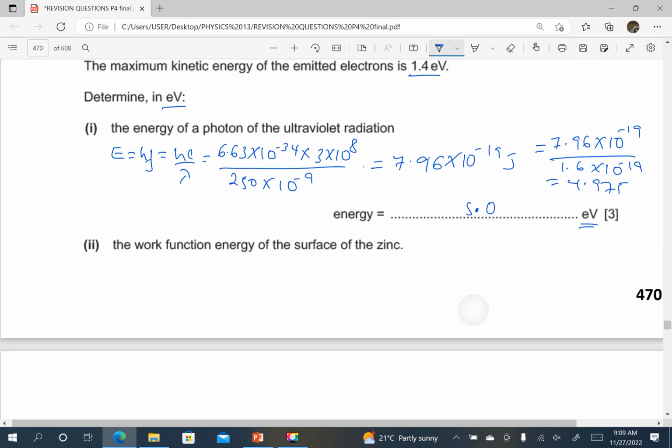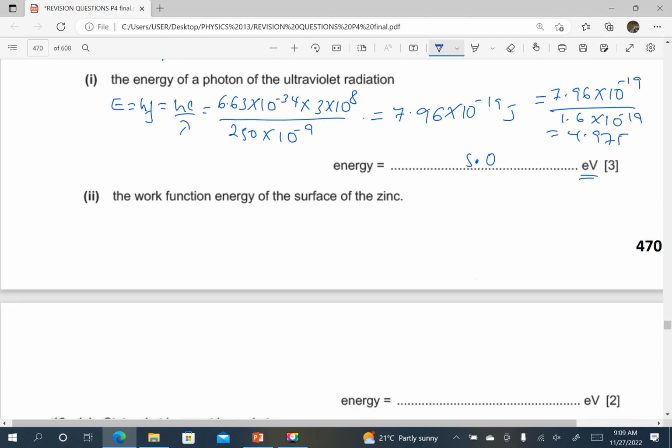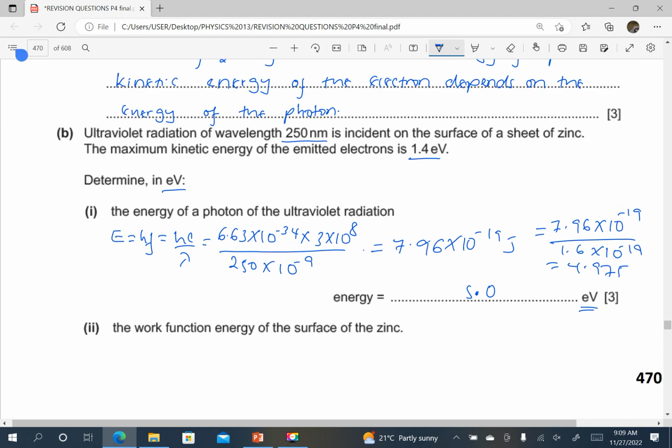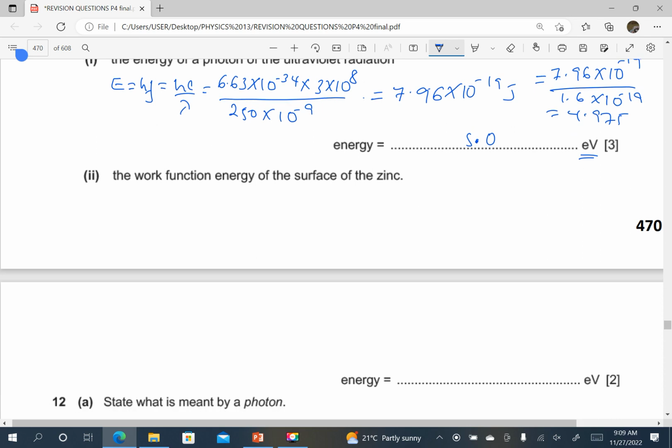Part 2, determine in electron volts still the work function energy of the surface. They have told us the maximum kinetic energy is 1.4 electron volts, and we have seen the photon energy is 5.0 electron volts. According to Albert Einstein's equation, part of the energy of the photon becomes the work function to set the electron free, and part of it becomes the maximum kinetic energy.